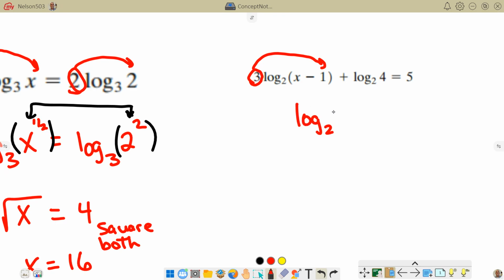Log base 2 of x minus 1 squared times 4, because that 4 can be multiplied over here because of that plus sign right there. Okay, that's all equal to 5. So I applied 2 properties. One, I'm bringing this up as an exponent, and then a sum can be written as 1 logarithm with the arguments, I think they call them, the 4 and the x minus 1 multiplied together.